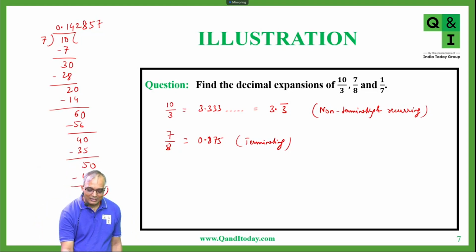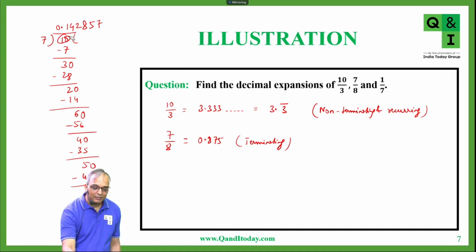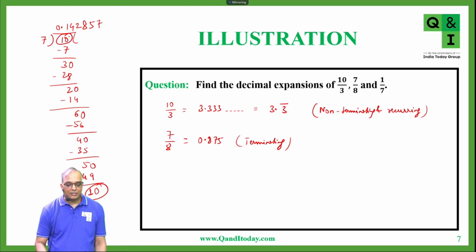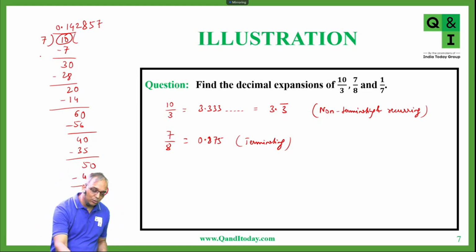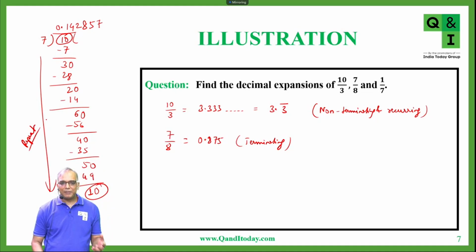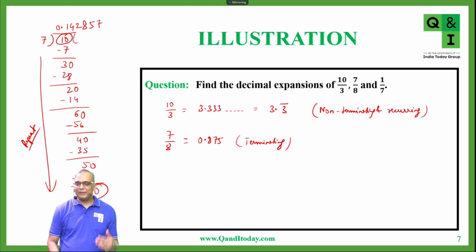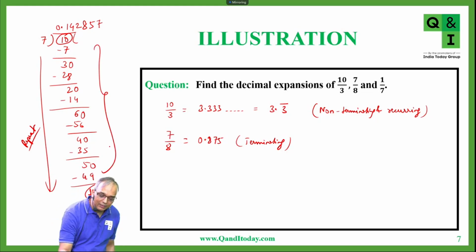So this is same as this number, right? This is same as this number. So now after this the whole process is going to repeat. Will it repeat or not? It will repeat, right? Because after 10 again you will get remainder as 3 and that will keep on happening. So this step is going to repeat continuously.